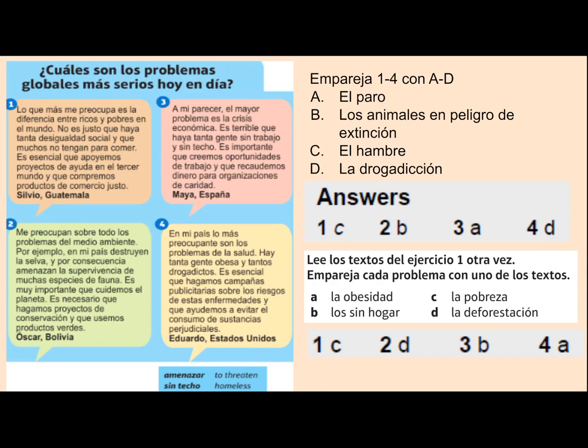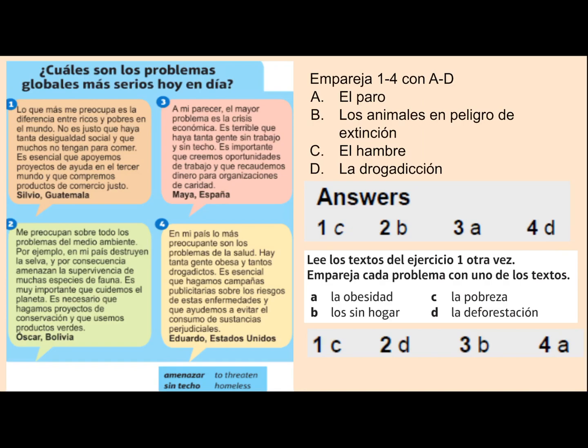Okay, so we can see the answers here now. So we've got 1 is going with C. It's about el hambre. And you've got a key verb in there. It says nada para comer. They don't have, they aren't able to eat, nothing to eat. 2 goes with B, so los animales en peligro de extinción.